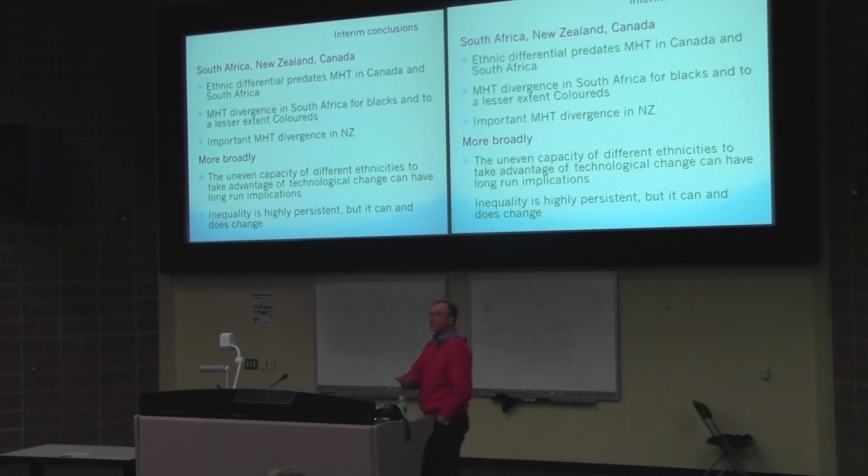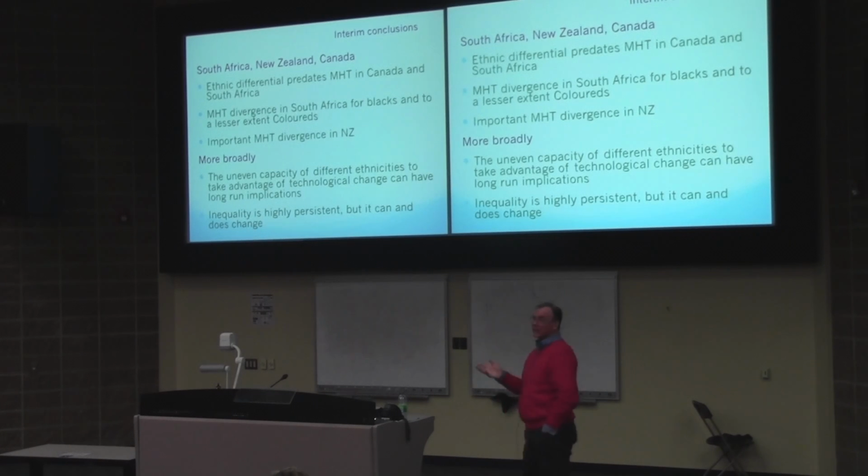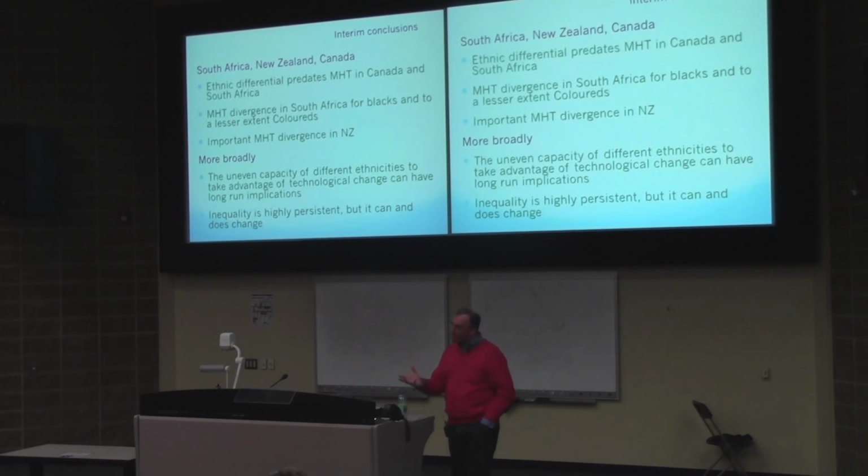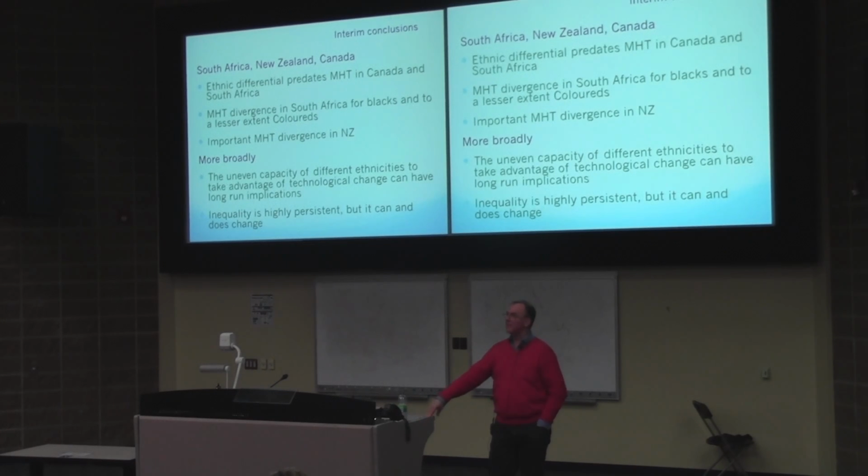There is a divergence in New Zealand, and we're doing a lot of work right now on trying to understand early 20th century New Zealand, race differences in early 20th century New Zealand. More broadly then, bigger kind of observations, you do have to think a little bit about the capacity of different social groups, whether they're ethnically defined or something else, to take advantage of technological change when it comes along.